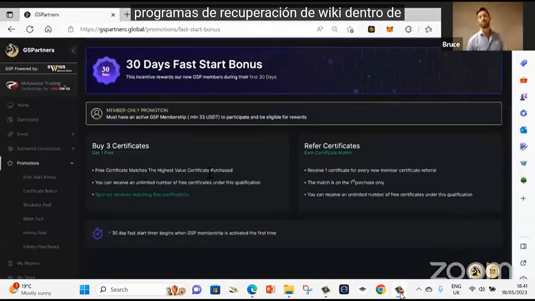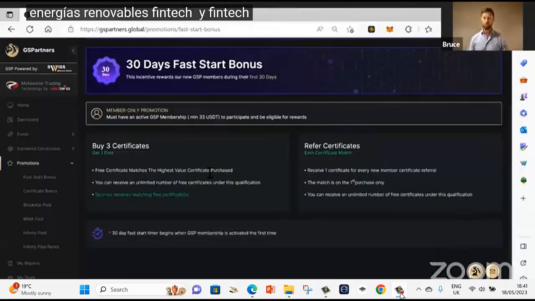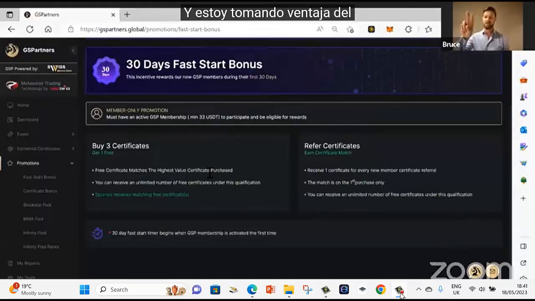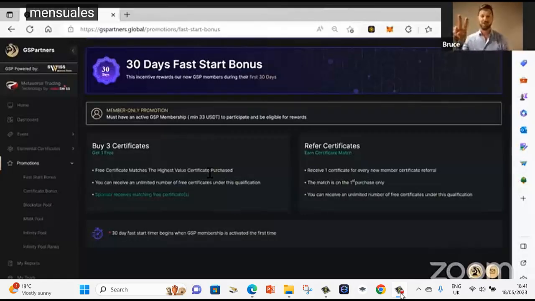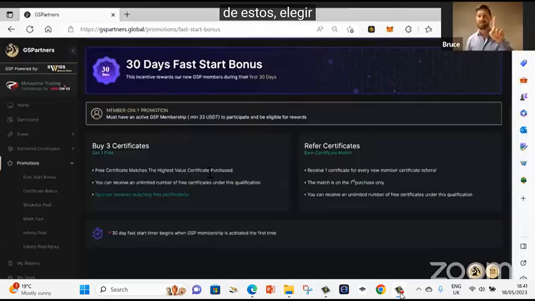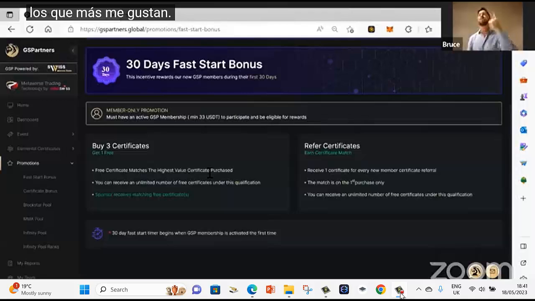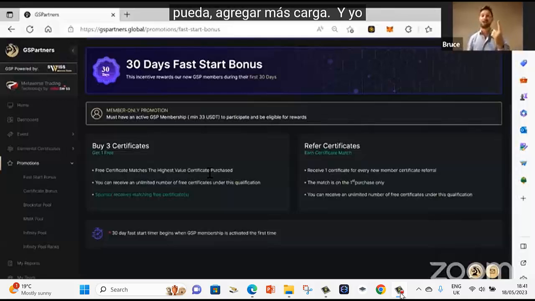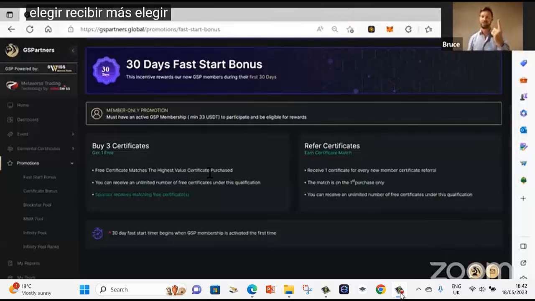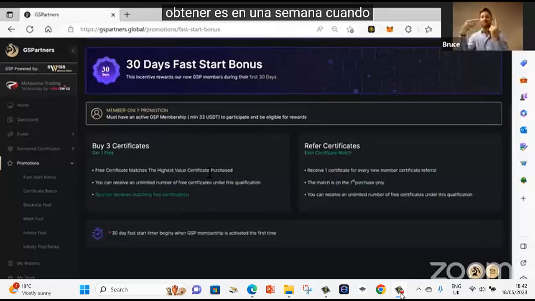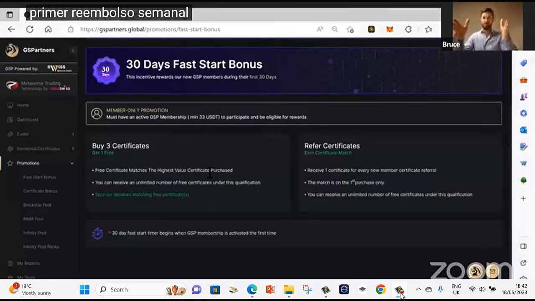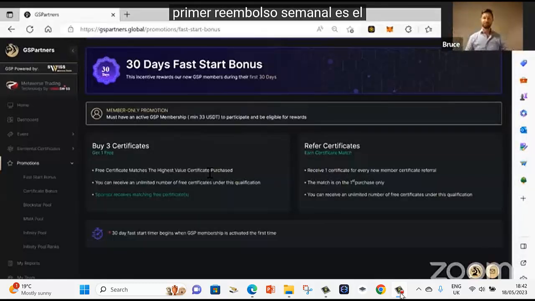It means if you choose to buy 2 100 USDT certificates, what we call terras, and you choose to buy a 1000 USDT certificate of water, you will get a free certificate to the highest value, the water certificate. And all it cost you was 33 USDT to unlock that promotion for the first 30 days.